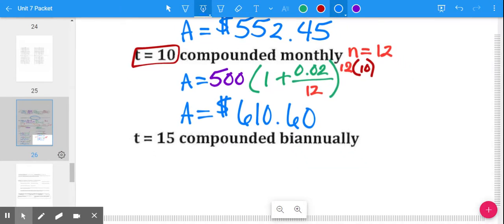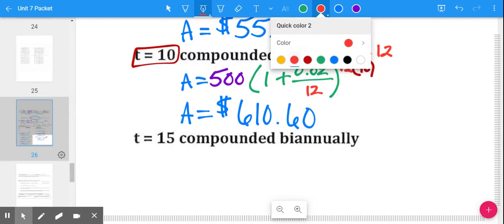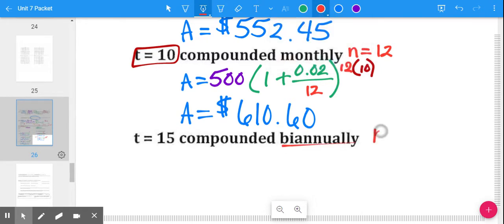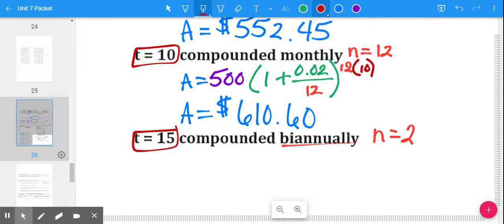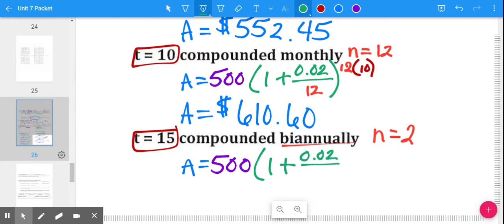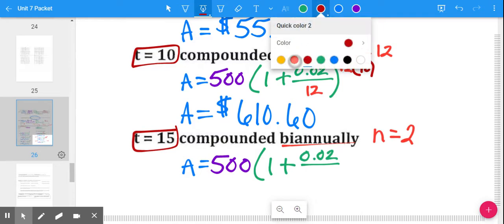So the last one, we have an n value. This biannually means 2 times a year. So n is 2. We have the t value of 15. So when we plug it in, we say our amount of money is equal to the $500 you initially put in times 1 plus 0.02 over n, which is 2.